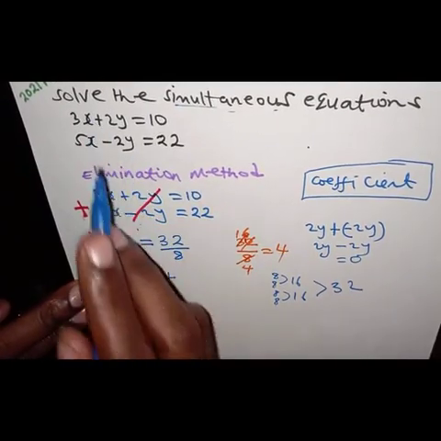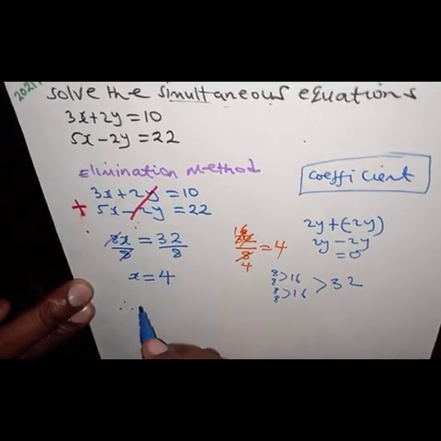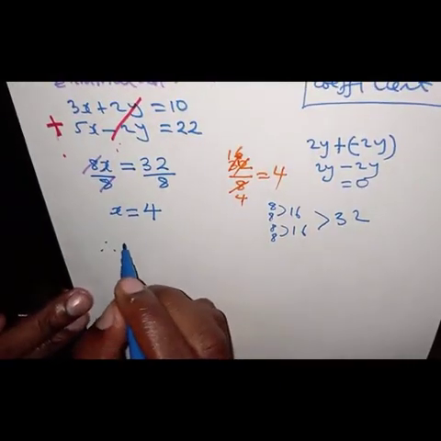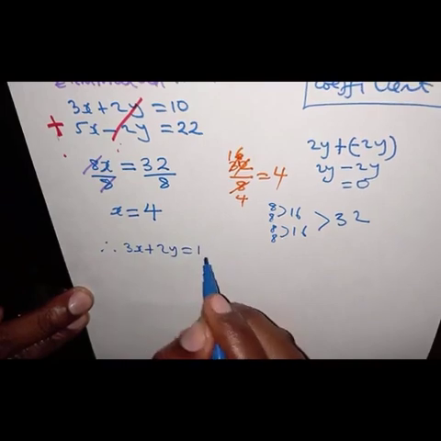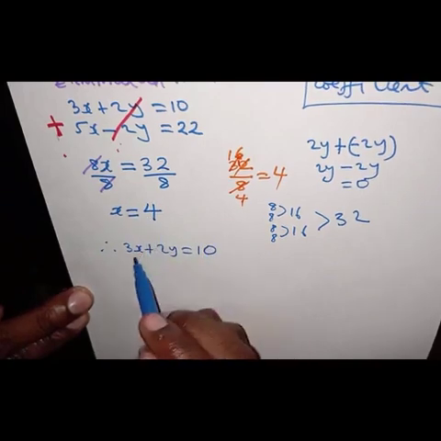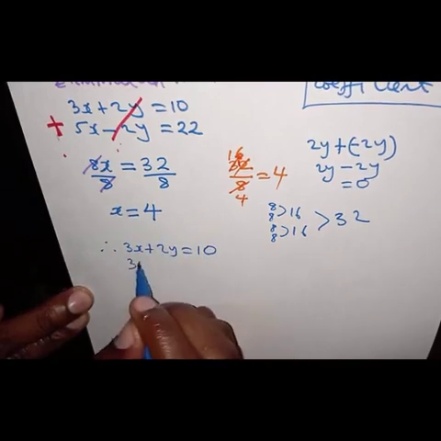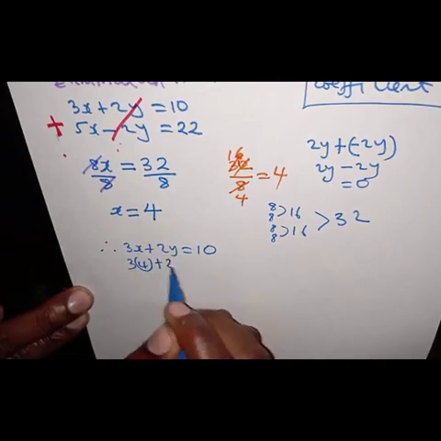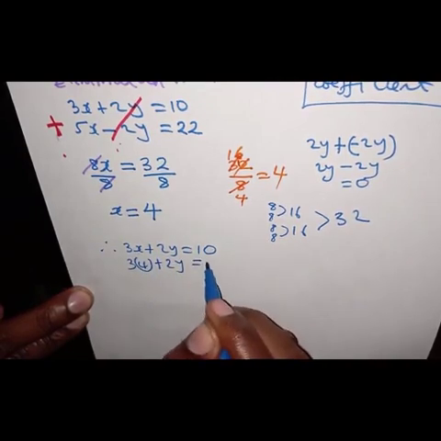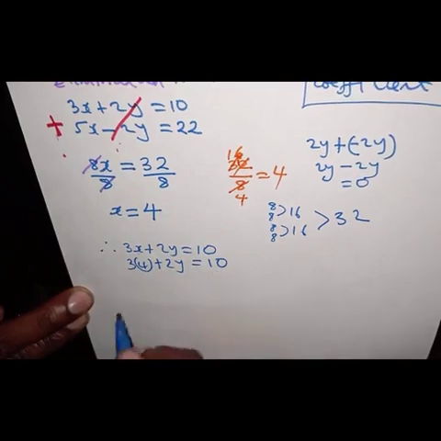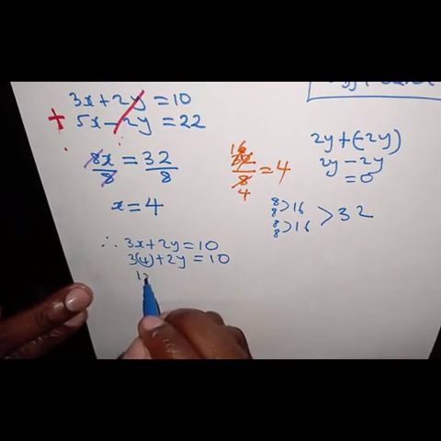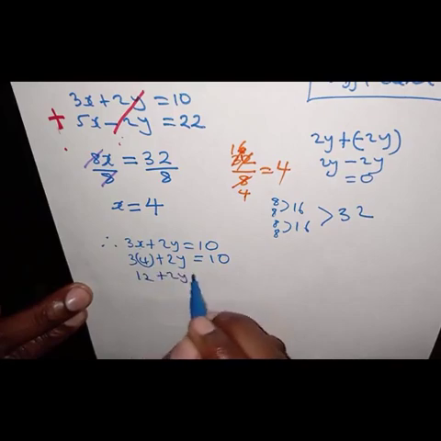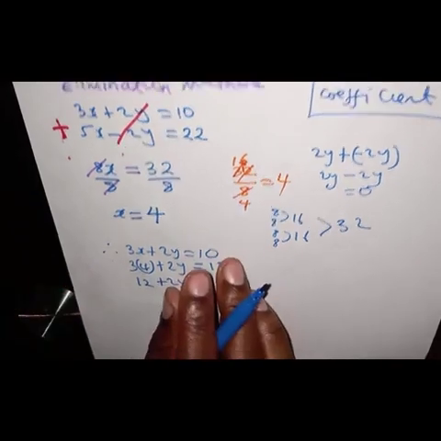You can choose the one which looks small. So maybe 3x plus 2y is equal to 10. Where there's x here, we'll put 4. We're going to replace. 3 times 4, we know that gives us 12, plus 2y is equal to 10, right?